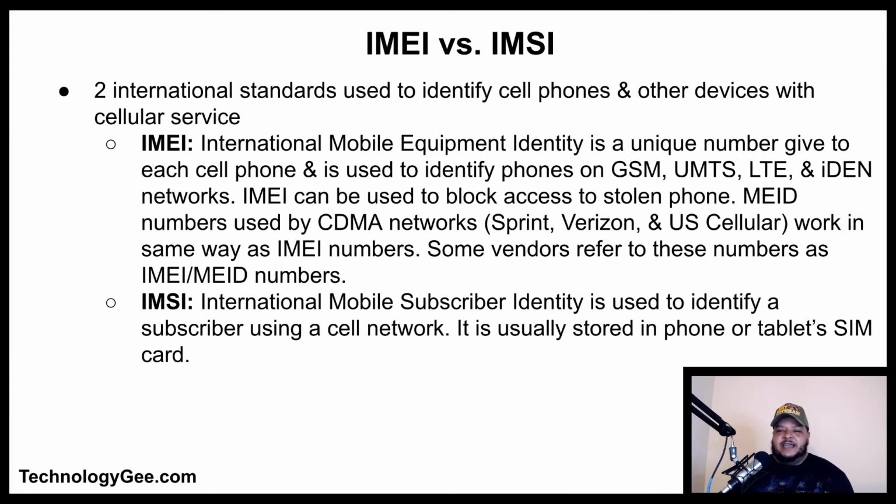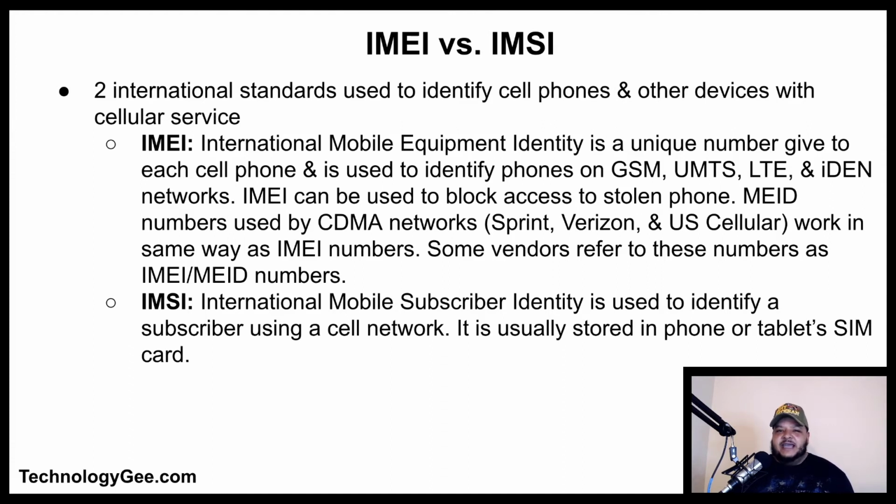The IMEI can be used to block access to a stolen phone. MEID numbers used by the CDMA network, such as Sprint, Verizon, and US Cellular, work in the same way as IMEI numbers. Some vendors refer to these numbers as IMEI/MEID numbers.